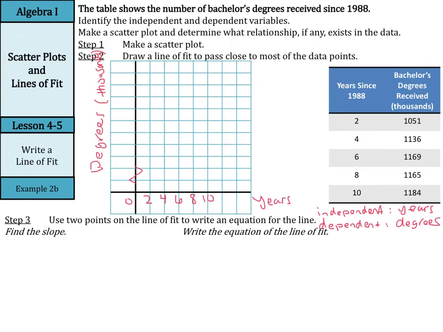So we're going to start with 1050 at least, to 1075, 1100, 1125, 1150, 1175, and then 1200.